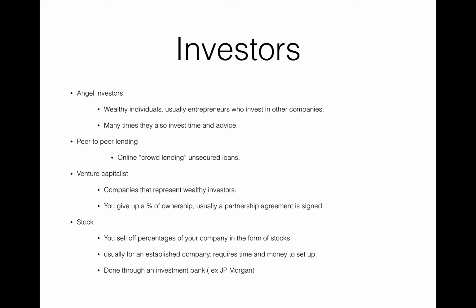And so the venture capitalist firm or group will vet all of the different businesses, and then they'll only present the ones to their clients that they think their clients might be interested in. Generally, when you're working with venture capitalists, you're giving up a percentage of your ownership, and you're having to sign a partnership agreement in most situations.